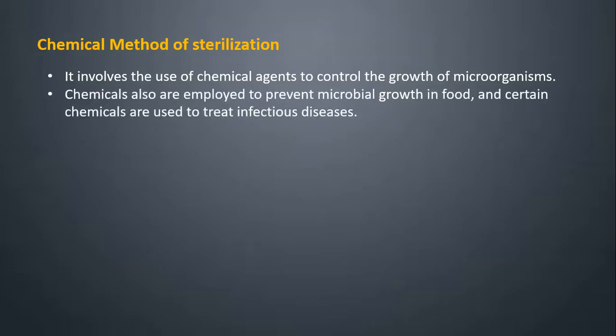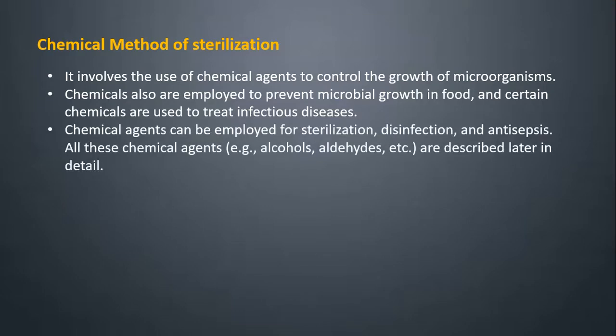Chemicals also are employed to prevent microbial growth in food, and certain chemicals are used to treat infectious diseases. Chemical agents can be employed for sterilization, disinfection, and antisepsis. All these chemical agents, for example alcohols, aldehydes, etc., are described later in detail.